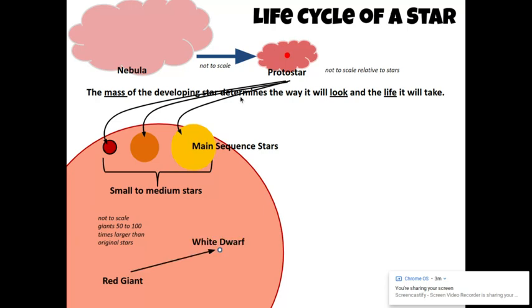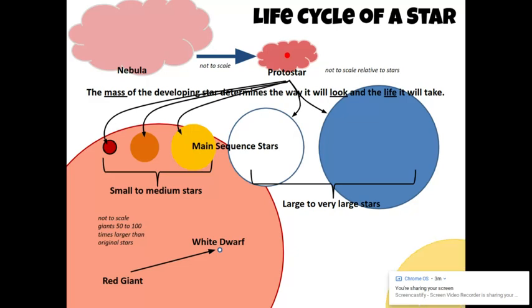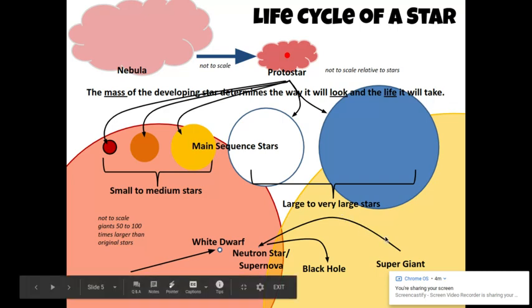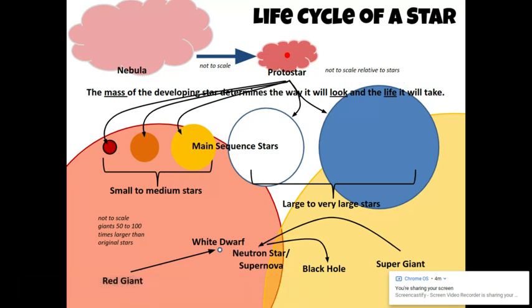Now, if you have a more massive star, these are bigger, bluer colored stars, they will have more mass and so more fusion, higher energy electron jumps, so a bluer color. When they die, they will actually blow up to a supergiant, but they'll have so much mass that they'll be able to pull back that mass into a neutron star, a supernova, or a black hole.